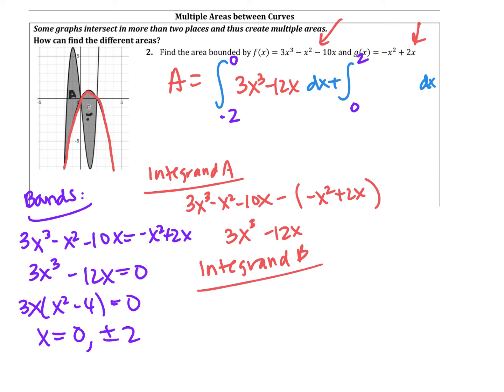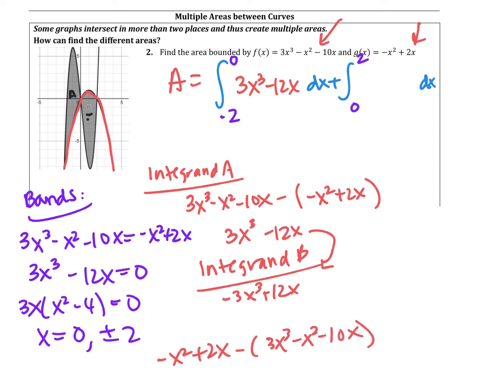So all we need to do is take the same two functions we just subtracted and change their sign. You would get this exact same thing if you did negative x squared plus 2x minus the cubic function. But since we already did this whole distributing and combining like terms, it's easier to just take what we had above and change the sign. So here we're going to have negative 3x cubed plus 12x.